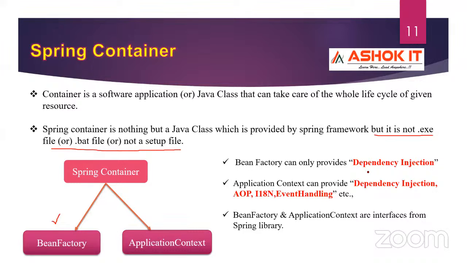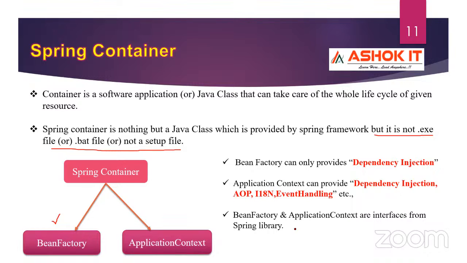And the application context will provide more services than the Bean Factory container, guys. Why? Because the application context interface is extending the Bean Factory interface. Sir, is it possible in Java to extend one interface from another interface?